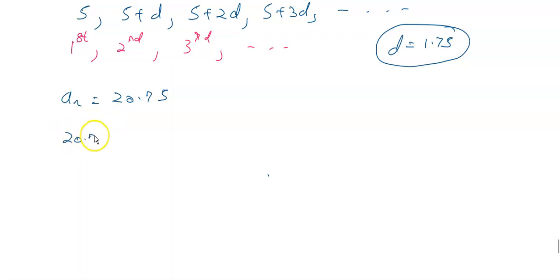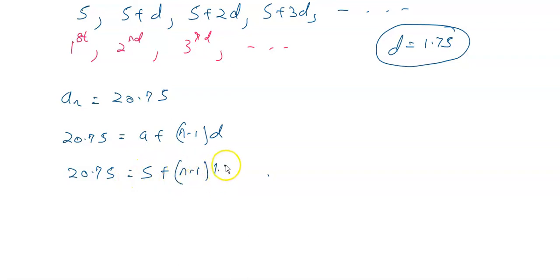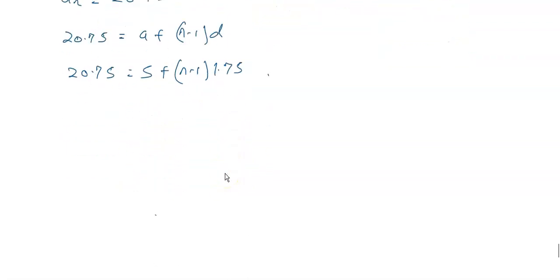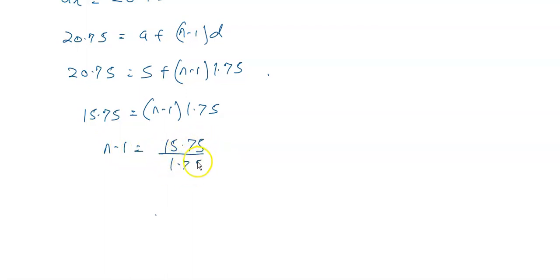So we can write 20.75 is equals to a plus n minus 1 into d. So this is 20.75 is equals to 5 plus n minus 1 into 1.75. So this gives me 20.75 minus 5. If we do, that has to be 15.75 is equal to n minus 1 into 1.75. So n minus 1 is equals to 15.75 upon 1.75.